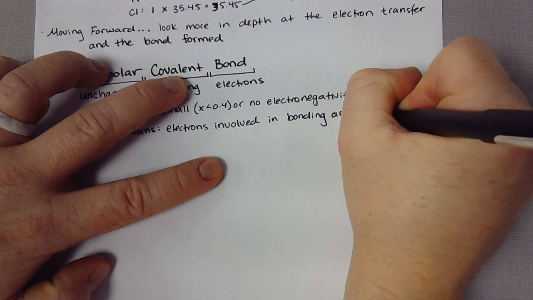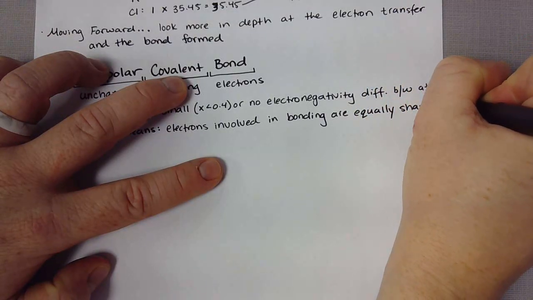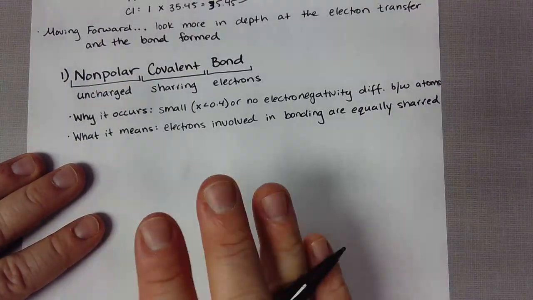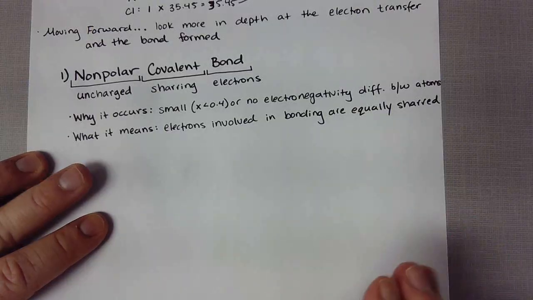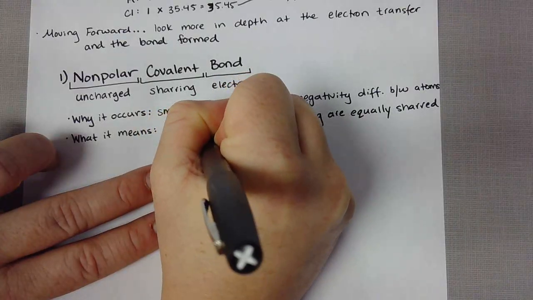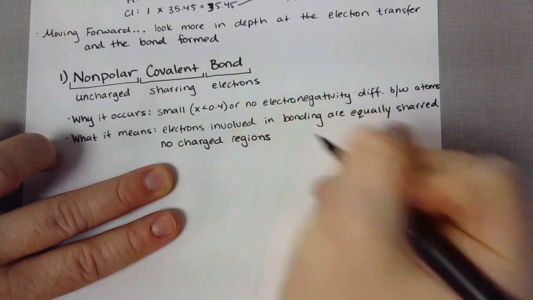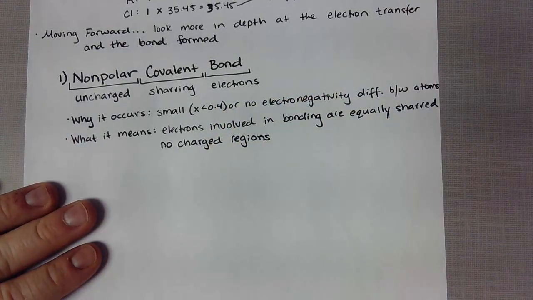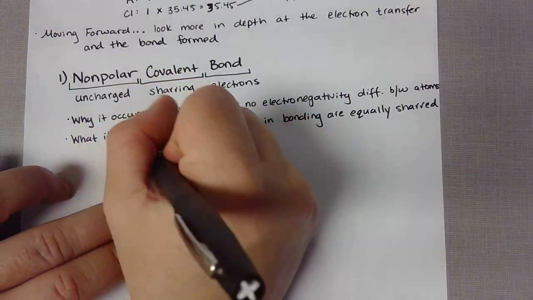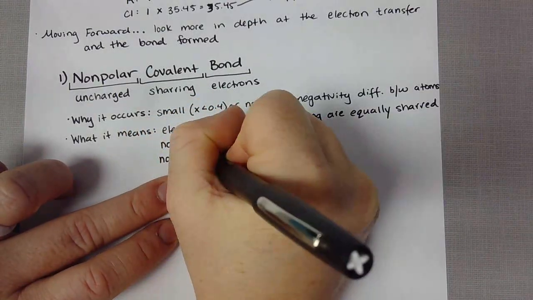Since there is equal sharing, there is no charge differential created, so there are no charged regions. Since there are no charged regions, the substance is identified as a no or low polarity substance.